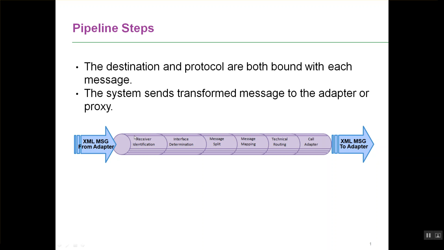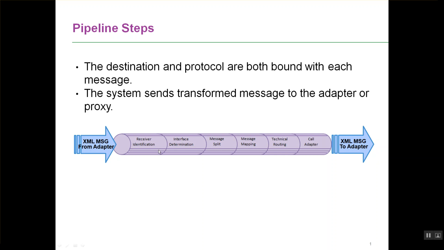The file adapter picks up the file and then passes it on to the next pipeline step, that is the receiver identification step. The receiver identification step, as the name implies, is to identify who the recipient of this message is. How is this information derived? Using the receiver determination object. The receiver determination object will help identify who the receiver is, and in the pipeline execution, this step is called receiver identification.